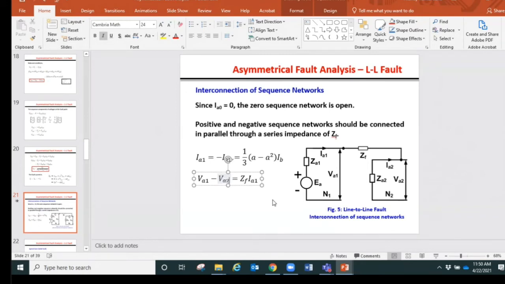And the most important thing to notice here is that zero sequence network is not shown here. Only positive sequence and negative sequence are shown here, because if we remember, Ia0 was equal to 0 in the first place, and we got the equation from the transformation step, Ia0 is equal to 0, meaning we don't need that circuit because it doesn't have any impact because its value is 0.